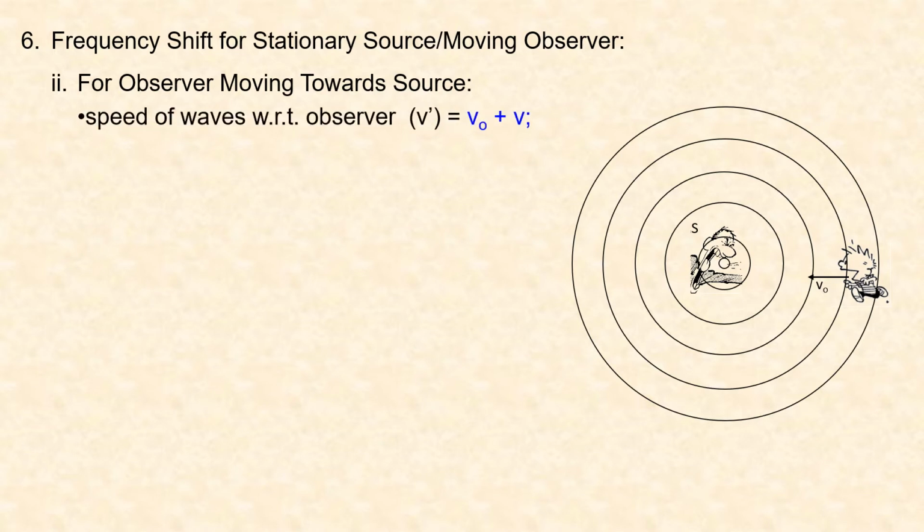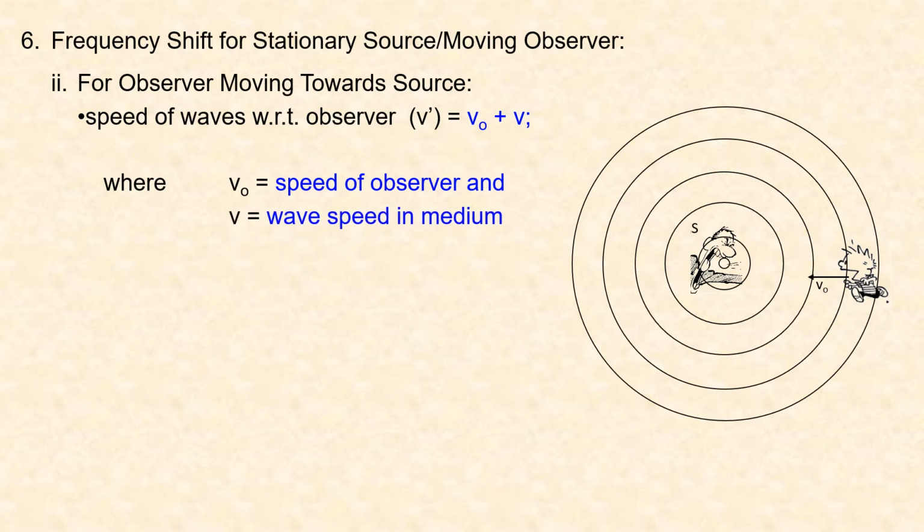And like we said, v prime, that new wave speed relative to the observer, would be equal to the wave speed when the observer's at rest, v, plus the speed of the observer towards the wave. So the wave speed relative to the observer would be greater than the wave speed where the observer's at rest. So v naught is the speed of the observer, and v is the speed of the wave in the medium.